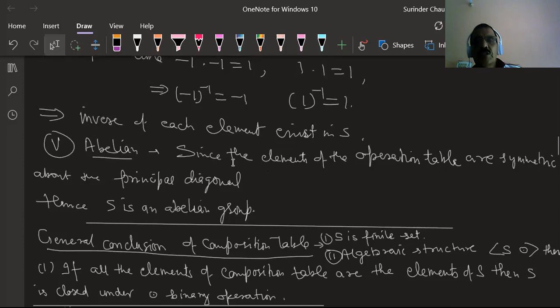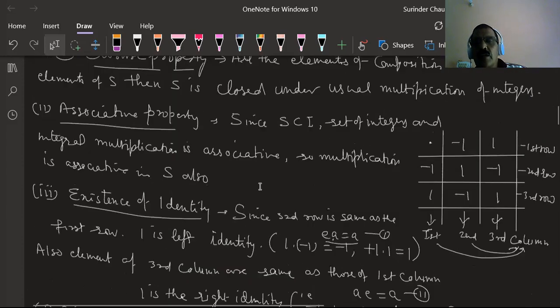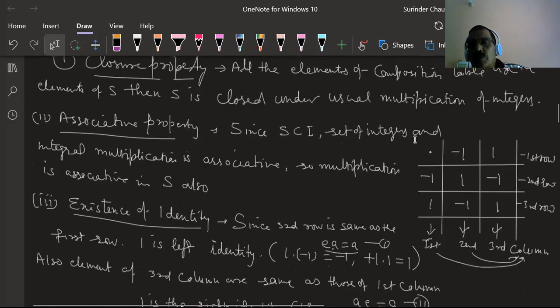Now, the elements of the operation table are symmetric about the principal diagonal. This is the principal diagonal: 1, minus 1, minus 1, 1.